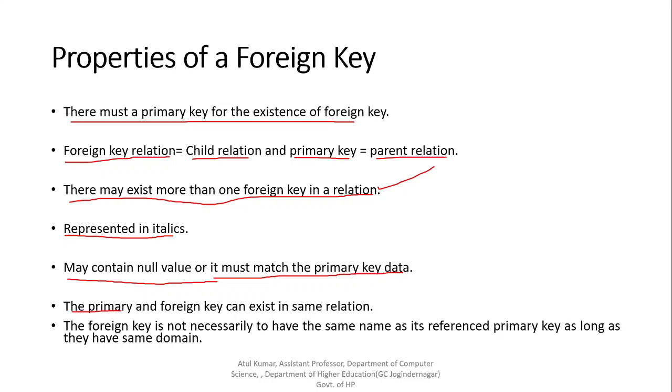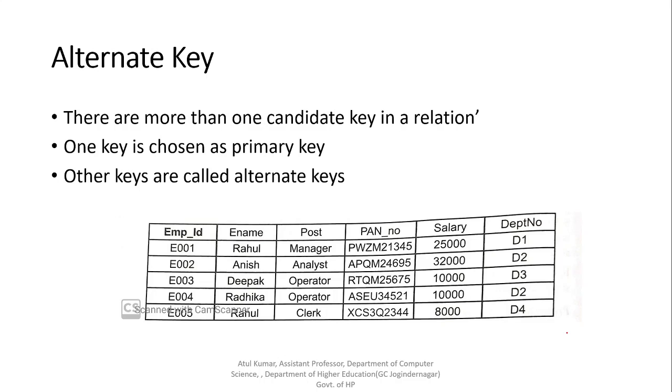The primary and foreign key can exist in the same relation. The foreign key does not necessarily have the same name as its referenced primary key, as long as they have the same domain.